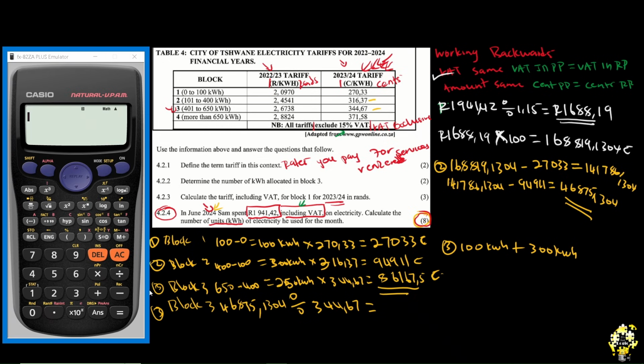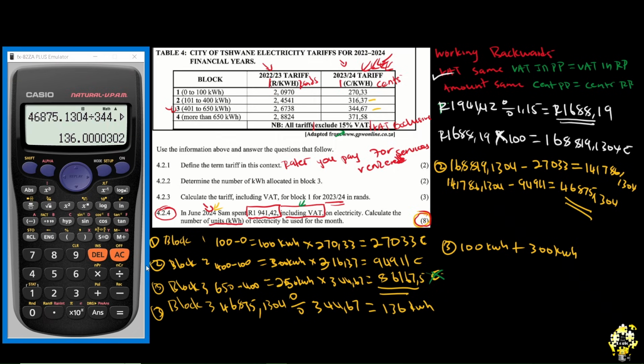So for block 3, we're not supposed to come here. 46,875.1304 divided by 344.67. Okay, this is just 136 kilowatts.